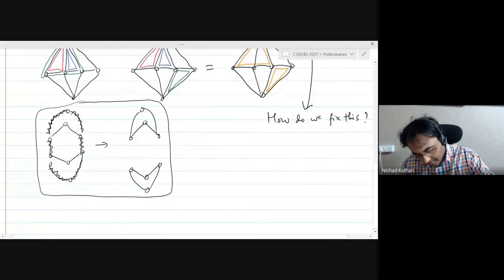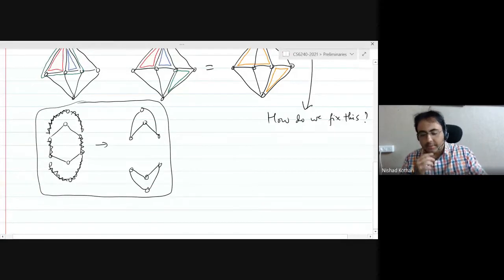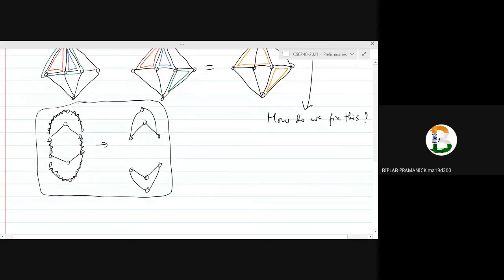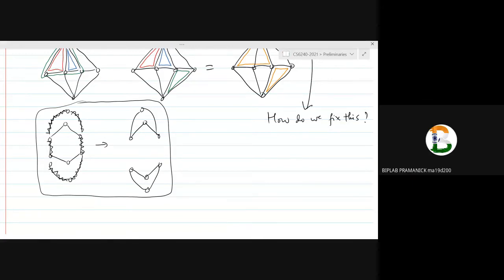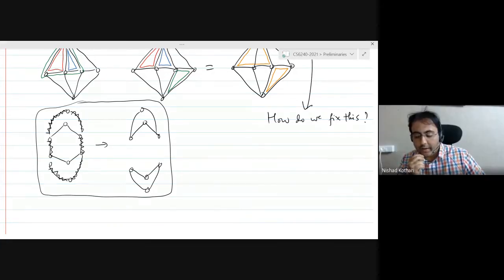I claim that if you take the symmetric difference of any two cycles, Sir, is it set theoretic symmetric difference? Yes, it is set theoretic symmetric difference, which is the same as addition in GF2. How can you calculate it with respect to edges or with respect to vertices? We are looking at sets of edges, right?